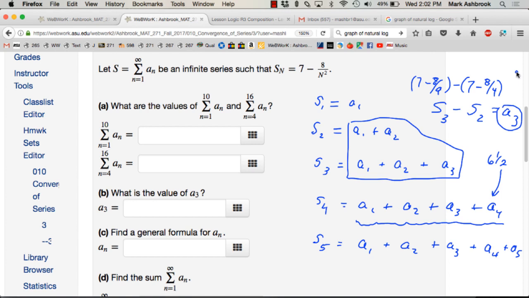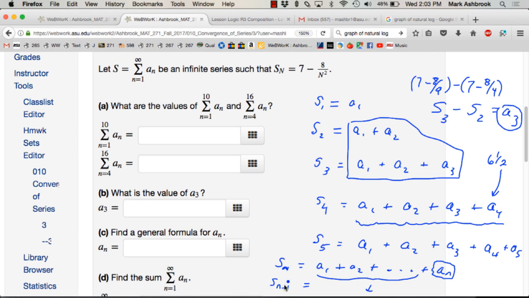So we can use that same thing to find a general formula for an. How did we get A3? We took S3 minus S2. So how would we get an? We imagine the nth partial sum would be A1 plus A2 plus all the way up to an, and that's what we're after. So it'd be nice if we were able to subtract all those except an. Sn minus 1 will be all those.